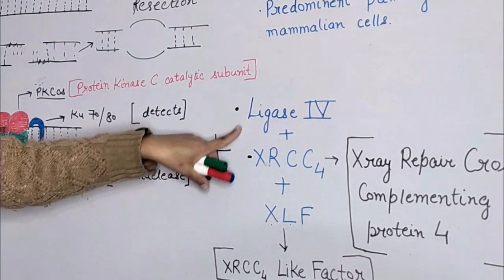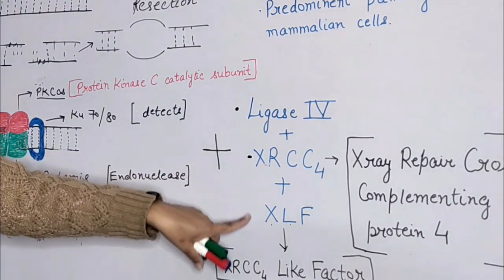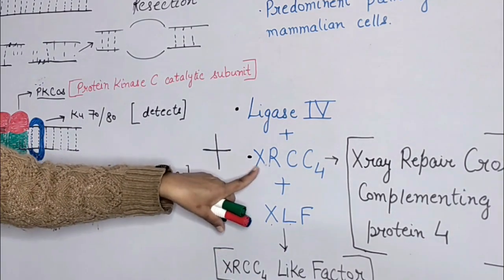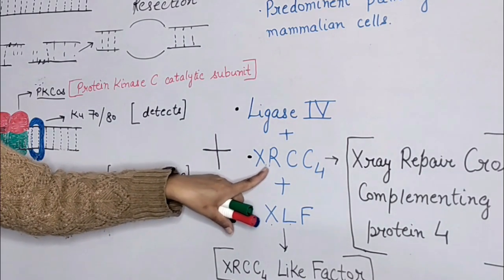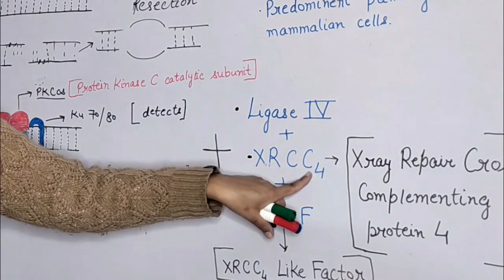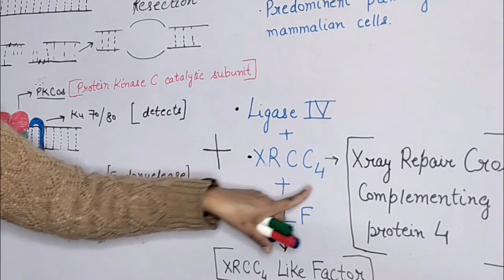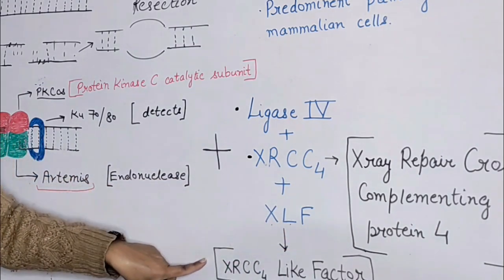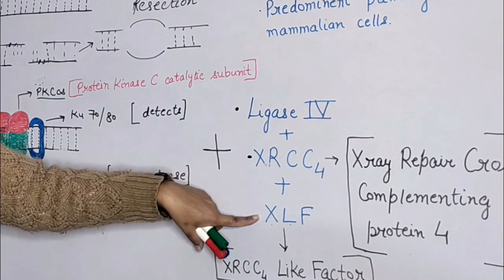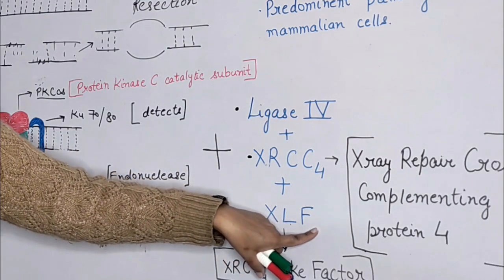This ligase 4 actually needs two more proteins. First is XRCC4, that is X-ray repair cross complementing protein 4, and the other protein is XLF, that is XRCC4 like factor.